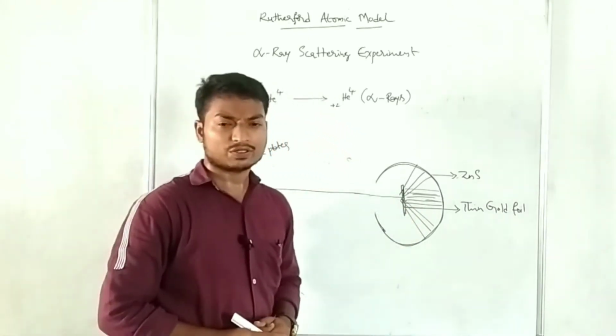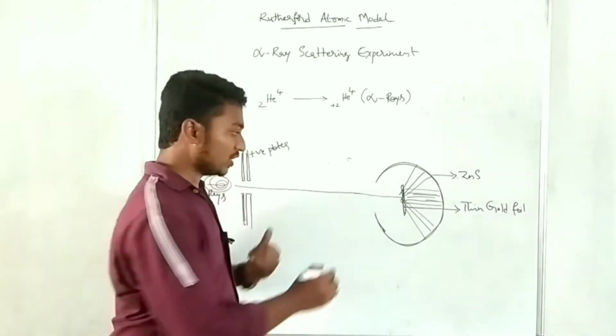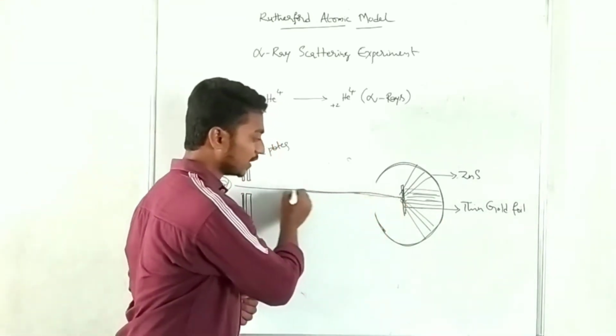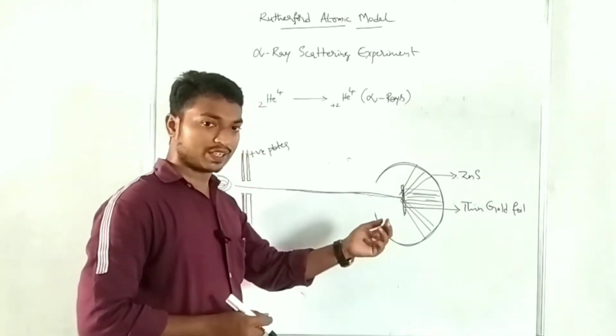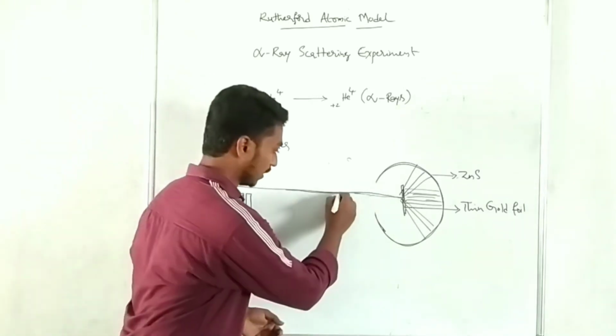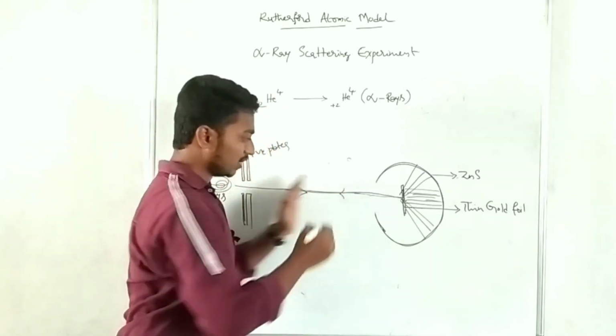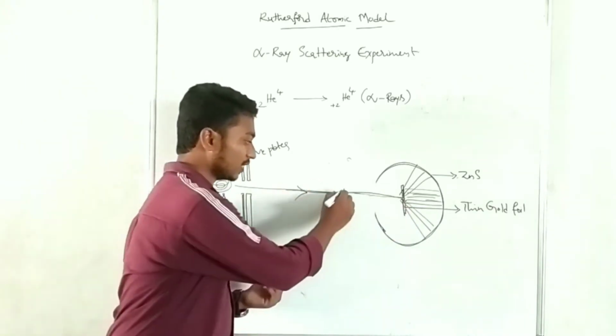And he observed that a very small number of alpha rays turned back to their original direction. If the alpha rays are going in this direction, very few are turned back.